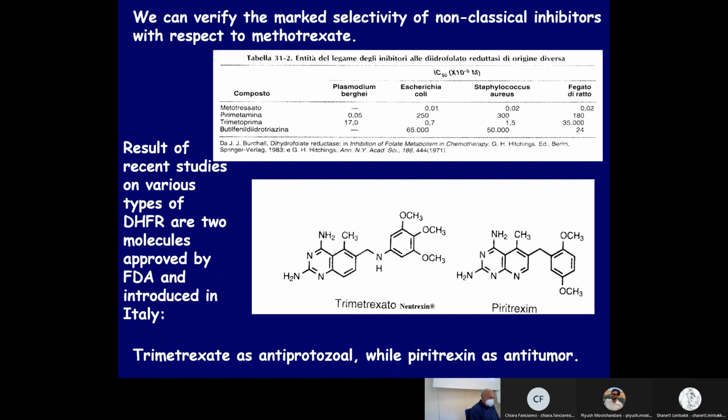So trimethoprim is really an effective antibacterial drug with very few side effects.